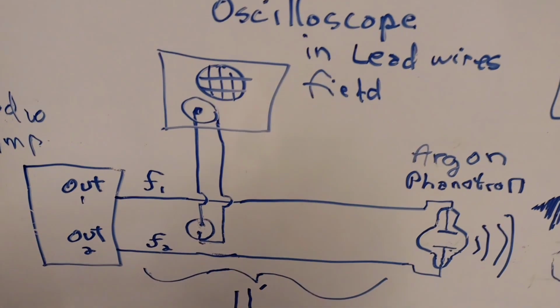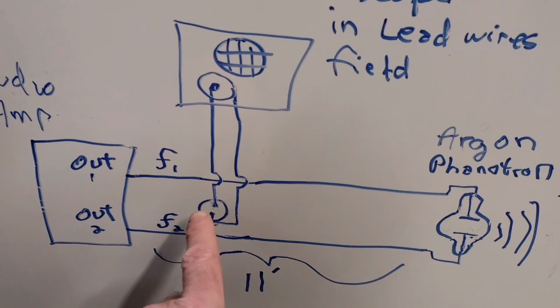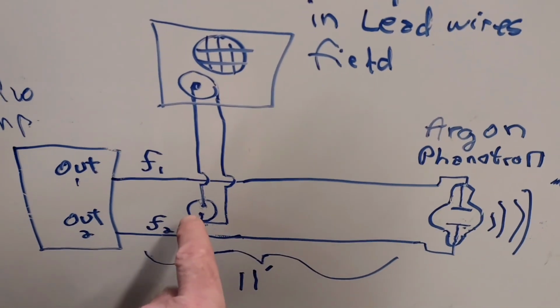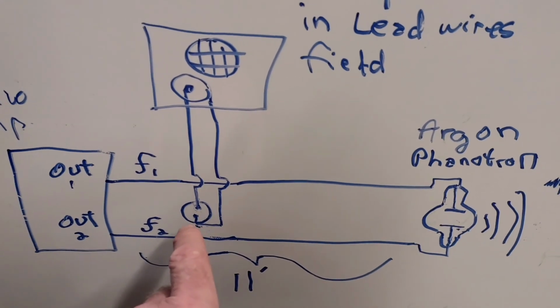We're going to place a sensor in the middle of the two leads about 10 foot away from the phanatron, just to see if what I'm saying is correct.